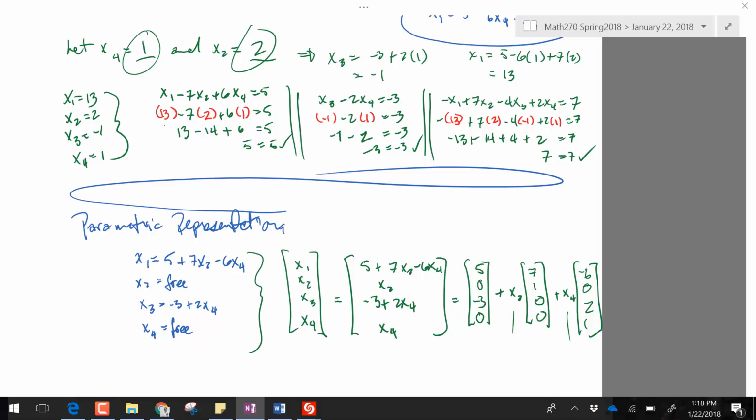All right? So that's your parametric representation. Any questions? We can't graph this because it's in 4 dimensions. I mean, you can. Just close your eyes and imagine it.